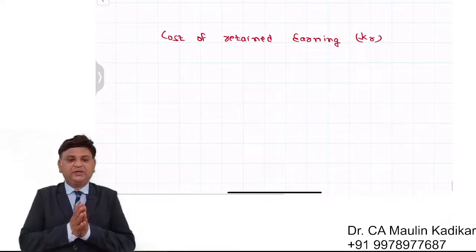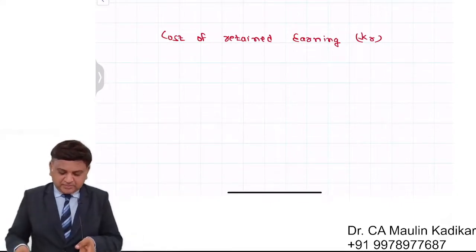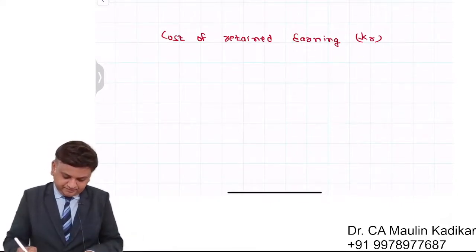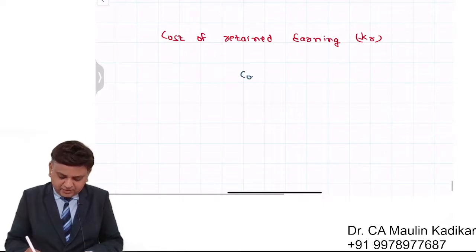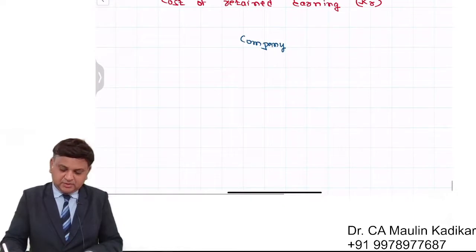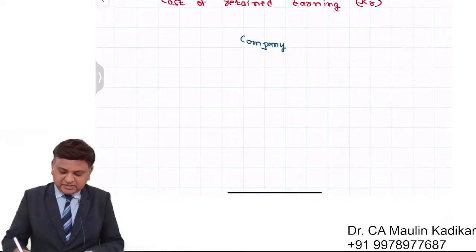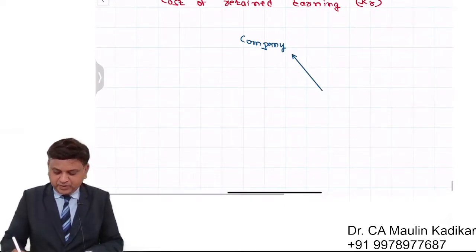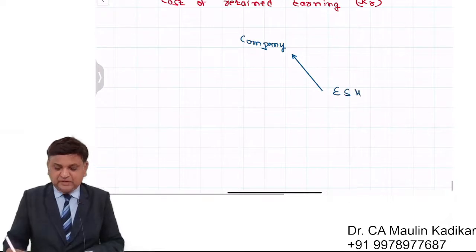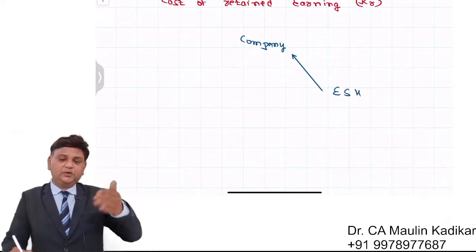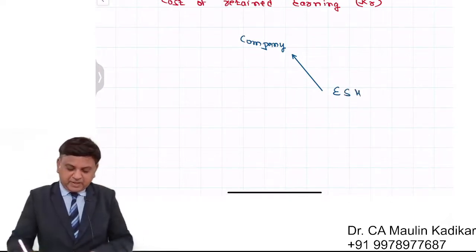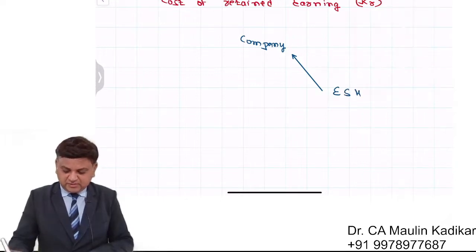See, basically what happens, say a company is formed. The company is issuing equity shares, which investors are subscribing. So equity shareholders are giving their hard-earned money to the company. The company is doing business.